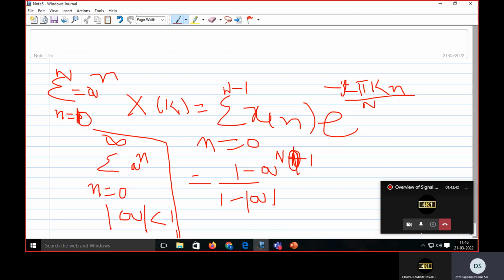As the order, this capital N, increases, the complexity increases. And two more important properties of the twiddle factor. I did introduce the twiddle factor, which we use from e power 2 pi by N. This one we are calling the twiddle factor or phase factor.